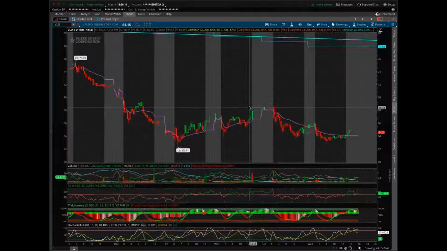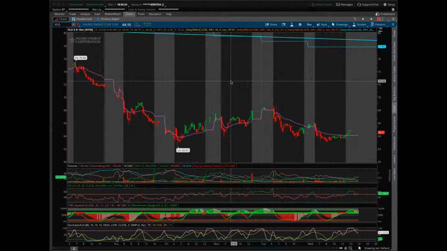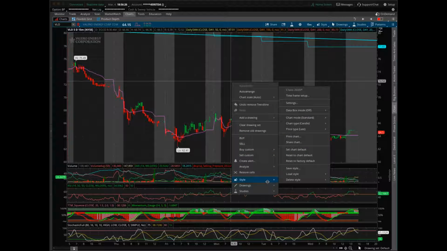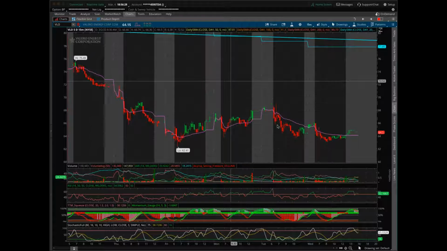Yes, okay. So if it ever goes back to how it messed up, just go to your chart settings and go to your price axis and unclick those markers. Then you can go to style and save style as, and type in whatever you want, like class 2020 intraday, and include patterns and study set.